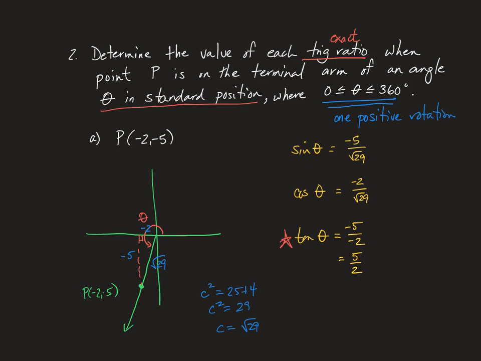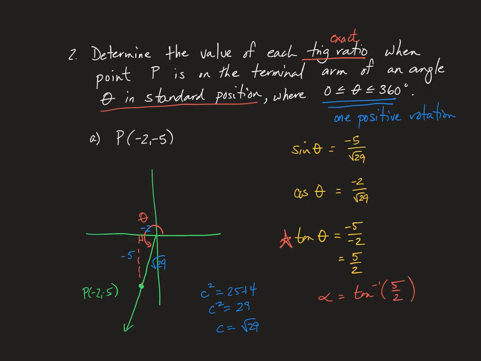I'm going to use my tan ratio because I didn't have to calculate the hypotenuse, so any risk for mistake is lessened. So for me to go through then, I need to come up with the related acute angle. I'm going to call that alpha. So alpha would then have to be the inverse tan of 5/2.